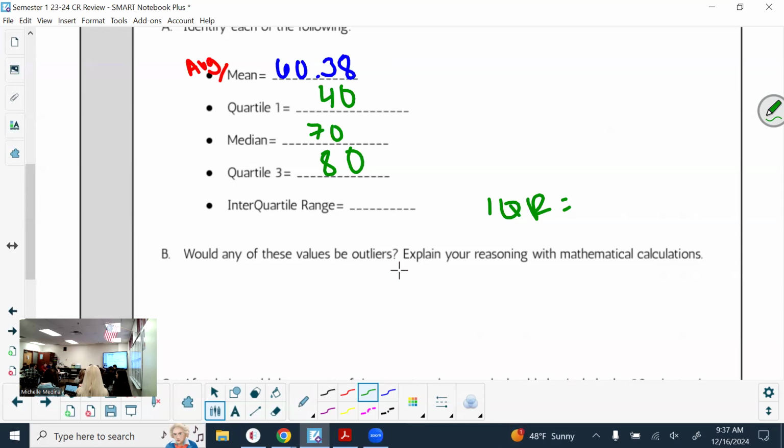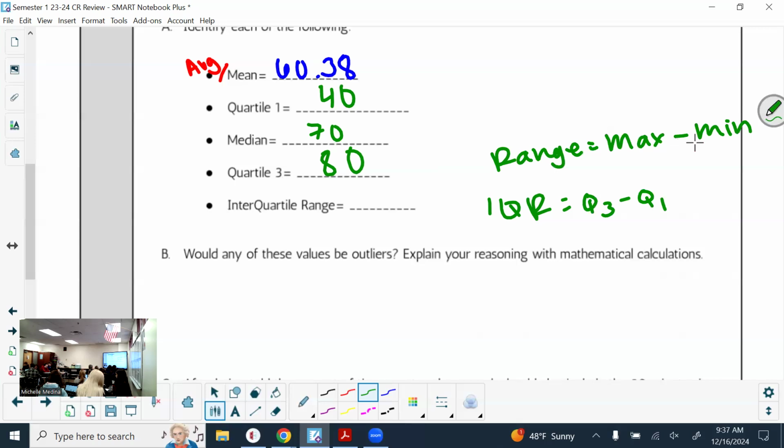All right. Sorry, what was that? Q3 minus Q1. To put it in comparison, normal range, which you should know from middle school, is your maximum minus your minimum. So when you hear range, you should be thinking a subtraction problem. For interquartile range, it's you subtracting your quartiles. And it should never be negative. It should always be the bigger one minus the smaller one. So for me, it is 80 minus 40. Q3 minus Q1. So what is my IQR? 40.